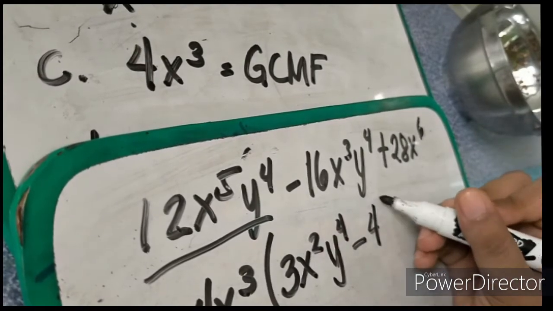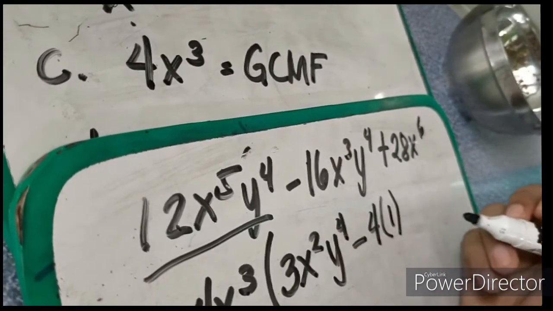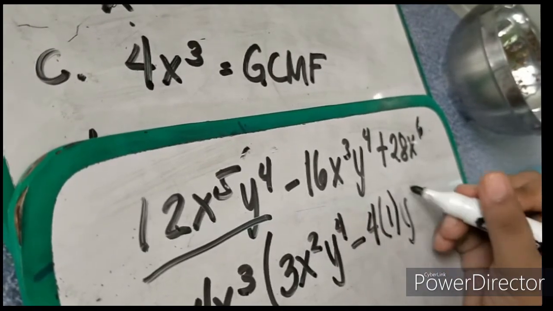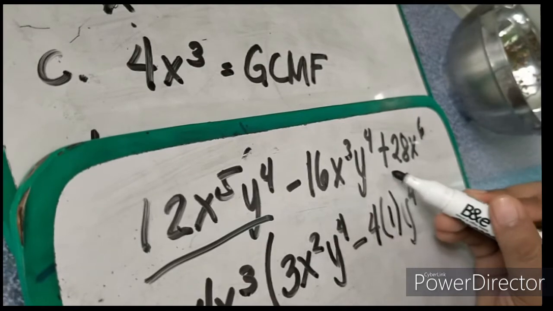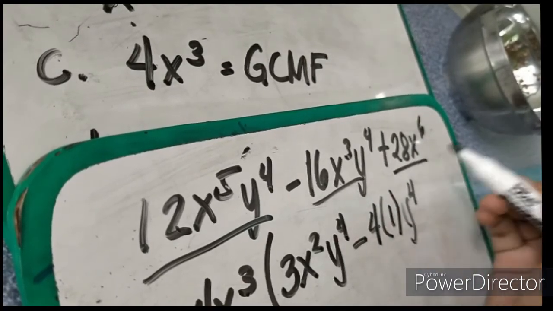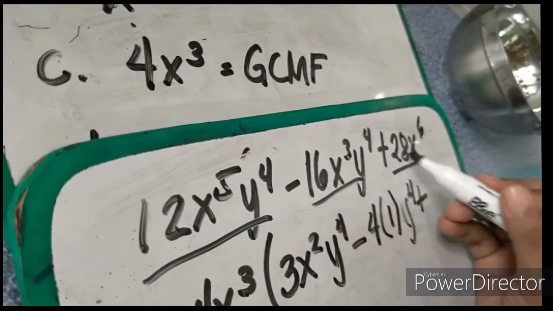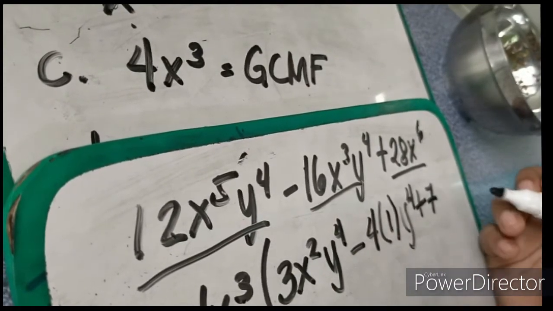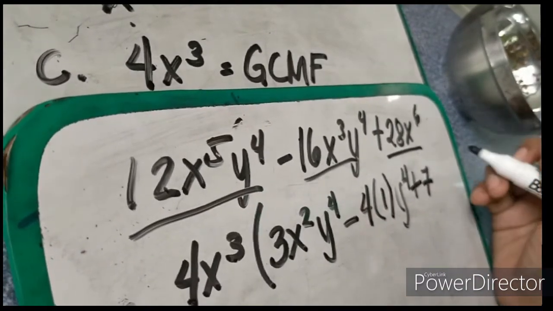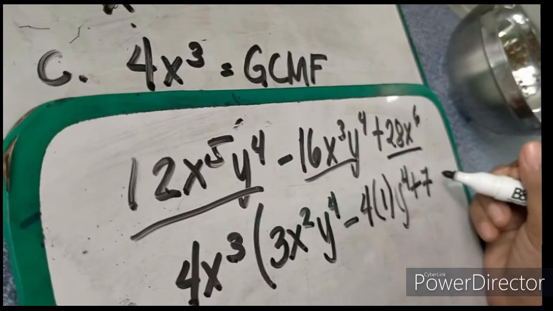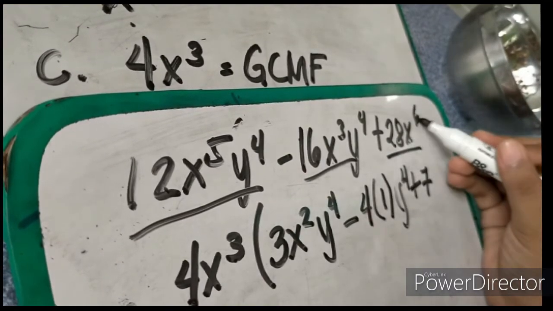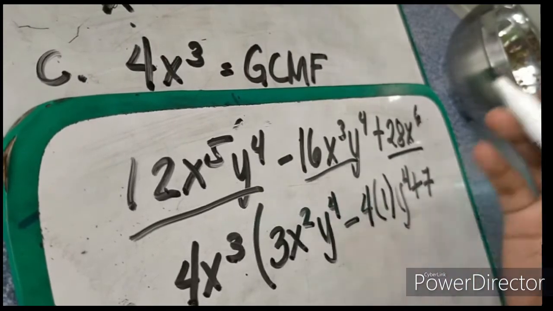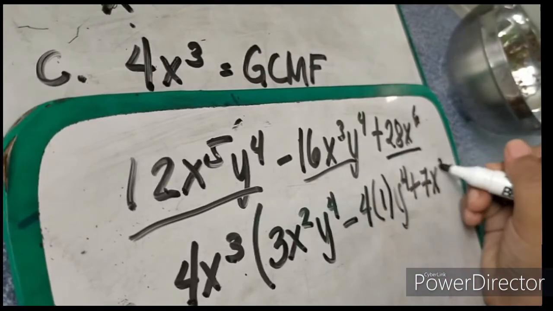Meaning, this will be 1 na lang. Correct? And we have the variable y raised to 4. Third term na tayo. Plus 28 divided by 4, 7. Then, x raised to 6 divided by x raised to 3. So, subtract the exponent. 6 minus 3, it is 3.